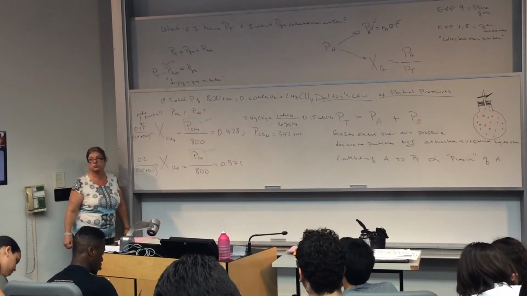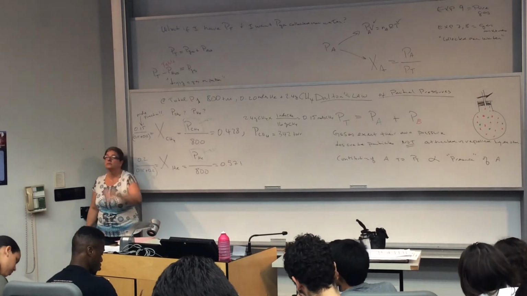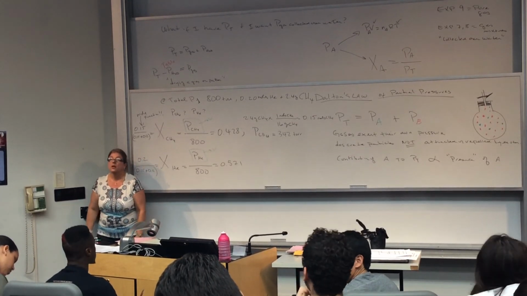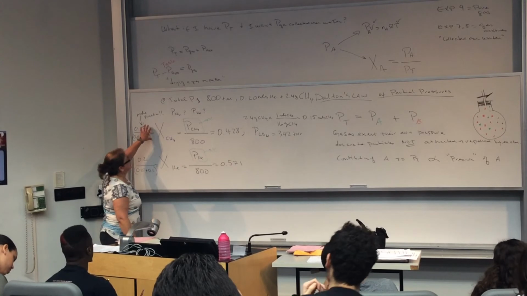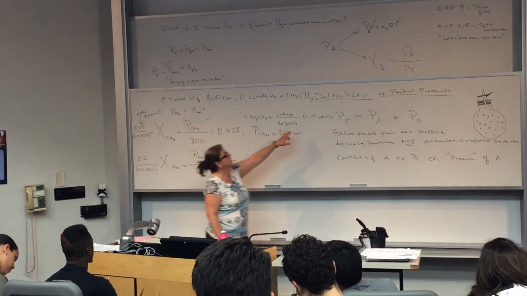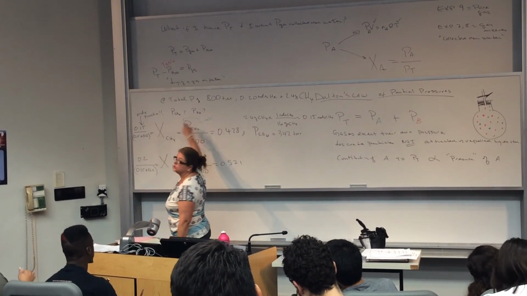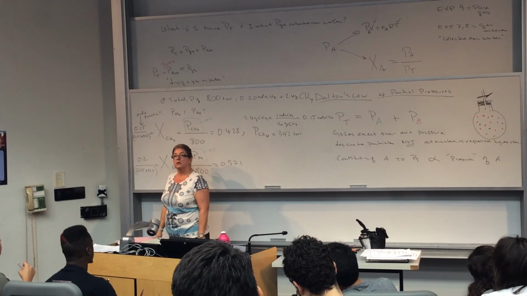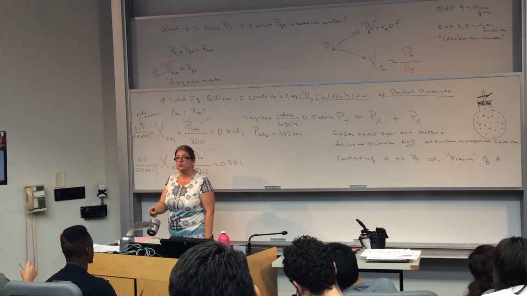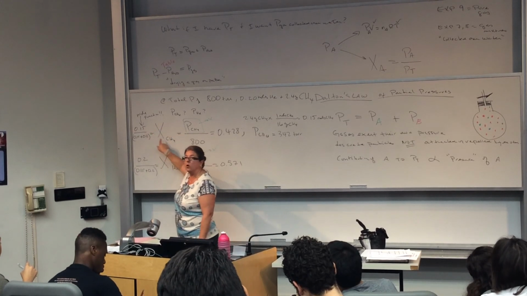If you put 0.15 here and solve for this, you get 120. But the question is, what goes here? Individual moles or mole fraction?